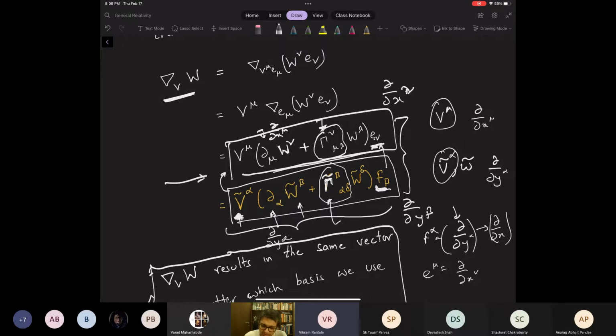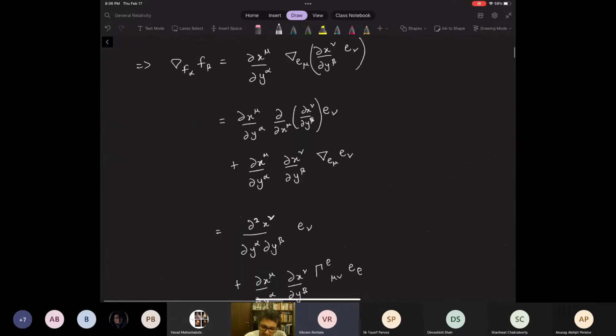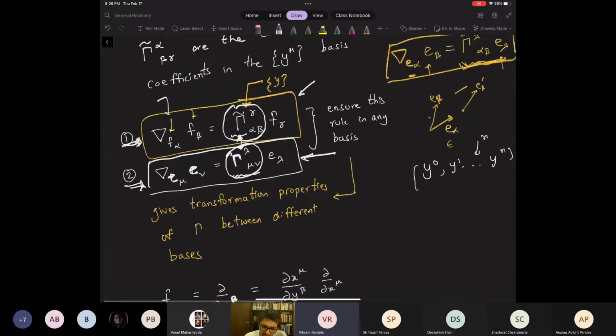It's easy to understand why this is true, right? Because our starting point was to say that instead of looking at general vectors, we demanded this rule when v is just a particular basis vector and w is a particular basis vector. So our starting point was to take the rule along any basis vector directions, and we demanded that this defines what these connection coefficients are in any basis.